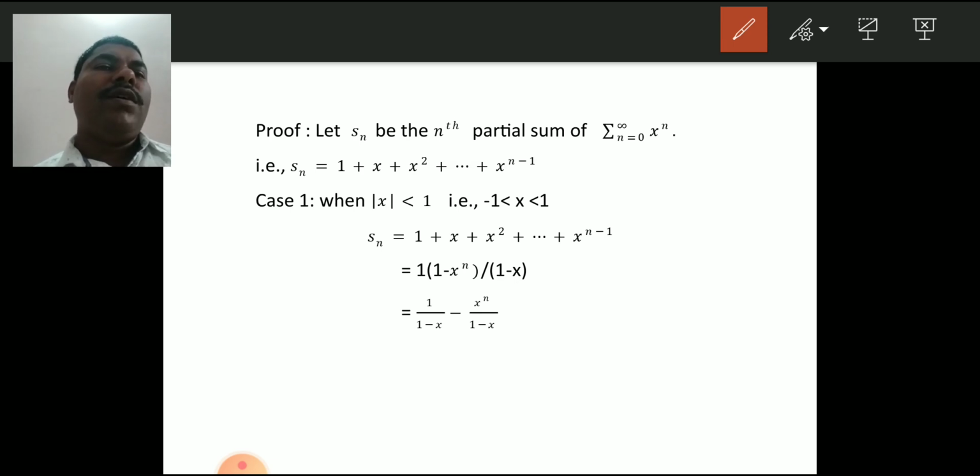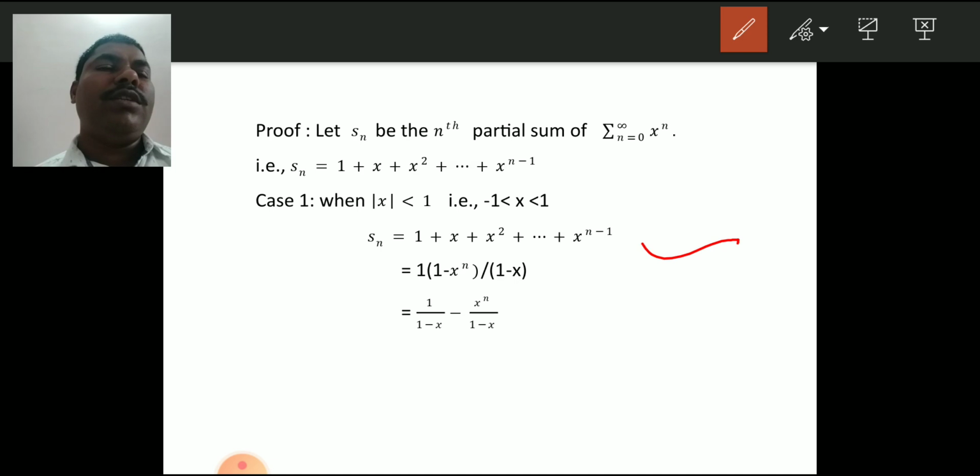First case, when mod x is less than 1, that is minus 1 less than x less than 1. So here Sn is equal to 1 plus x plus x square up to x raised to n minus 1.